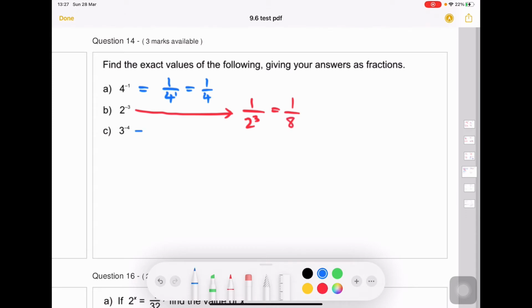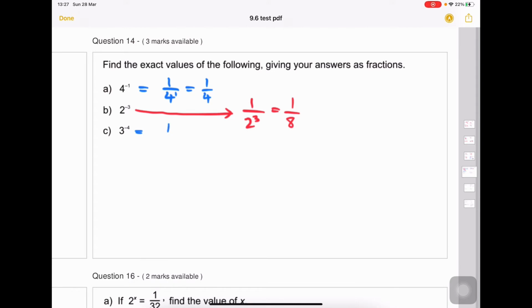And lastly, we have 1 over 3 to the 4. Now again, you could work it out by doing 3 times 3 times 3 times 3, but I think a shorter way of doing it is doing what I did for the previous question.